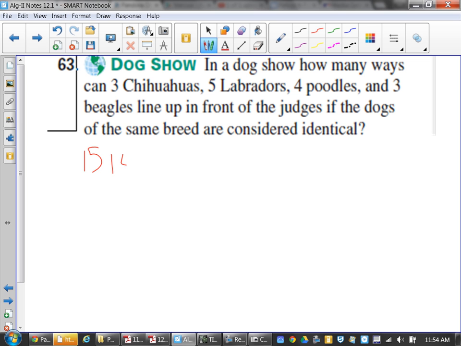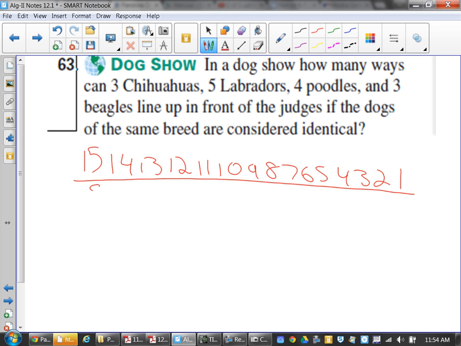We know it's going to be 15, 14, 13, 12, 11, 10, 9, 8, 7, 6, 5, 4, 3, 2, 1, divided by the factorials of 5, 4, 3, 2, 1, 4, 3, 2, 1, 3, 2, 1, 3, 2, 1. Wait, excuse me, 3 factorial, 3 factorial.